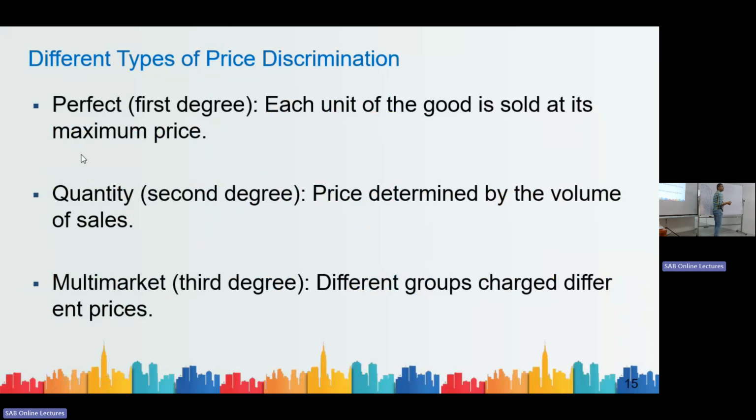So, if you are buying a product in bulk quantity, you will be charged a lower price. If you purchase a bulk of the commodity, you will be charged a lower unit price. If you are purchasing a very small quantity, the price will be higher.